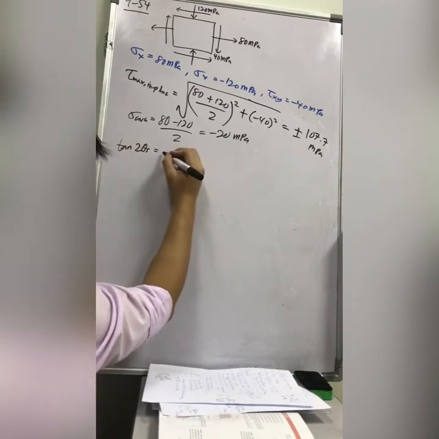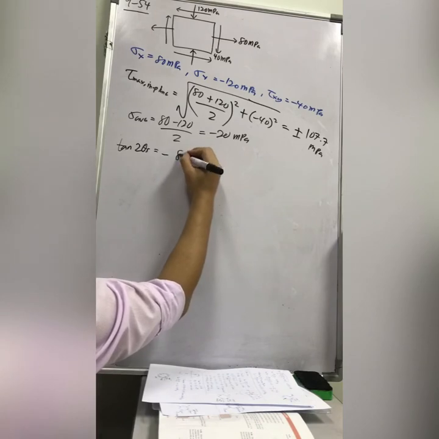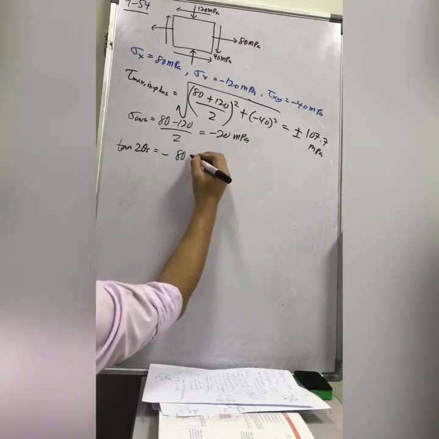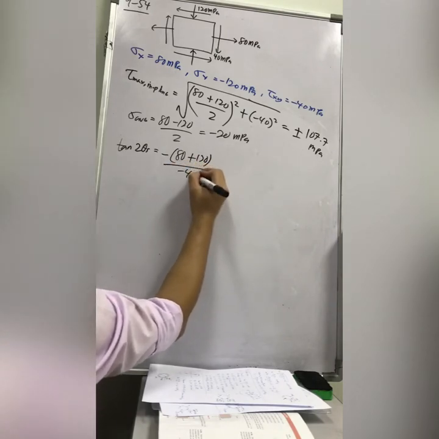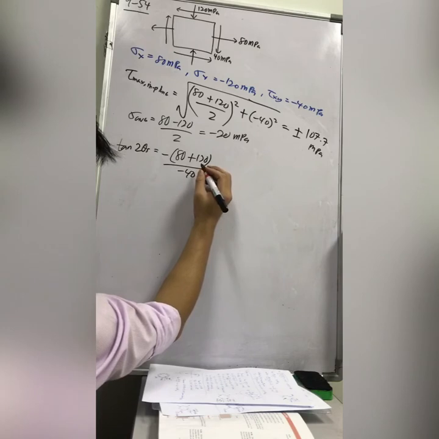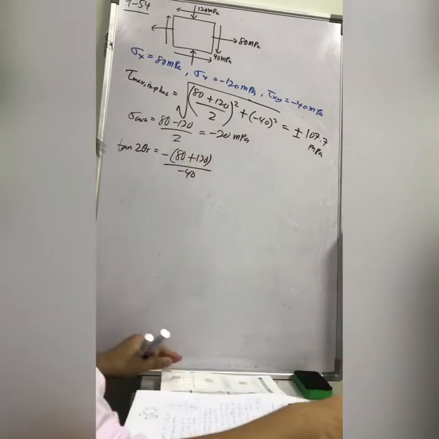So it is given as, okay, minus sigma x minus sigma y divided by tau xy, right? I'm not sure, what's the equation again?